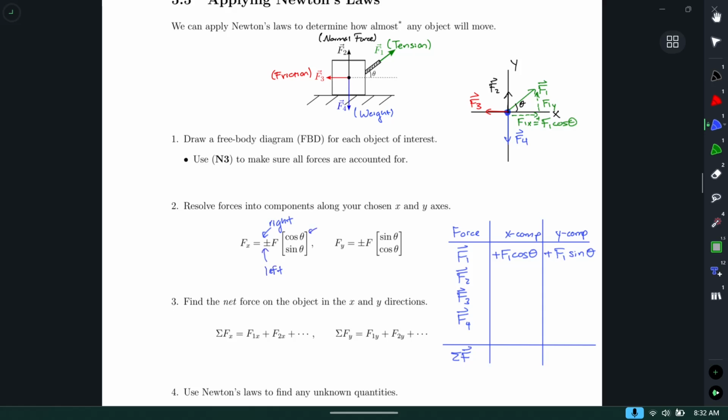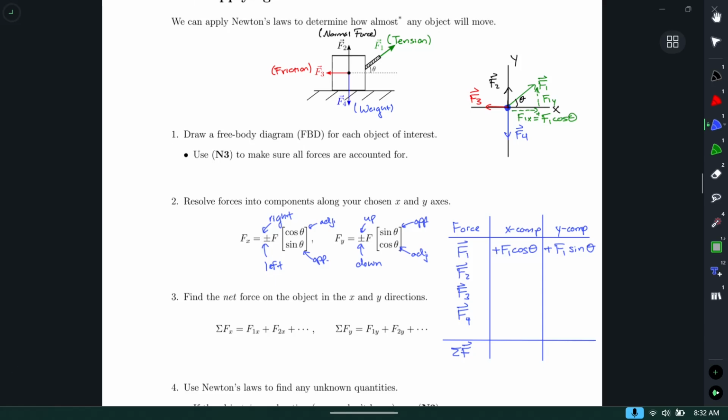You use cosine if that component is adjacent to theta, sine if it's opposite. And then for y, positive means up, negative means down. And then use sine if it's opposite that component, cosine if it's adjacent, and the order of those is just flip-flopped because the top one is usually what you use, but it's not always. You got to be careful about how the angle's given. It tends to be given relative to a horizontal axis.